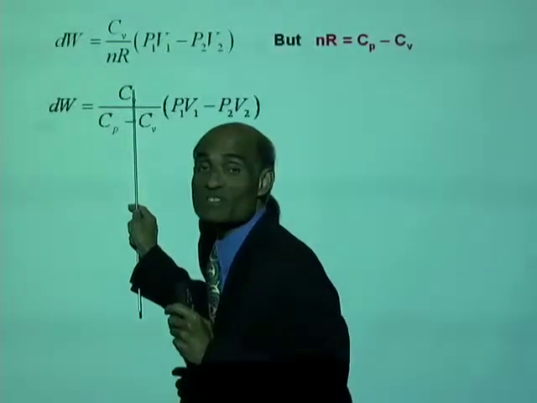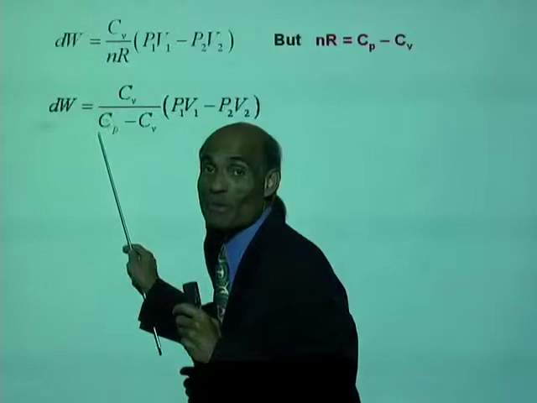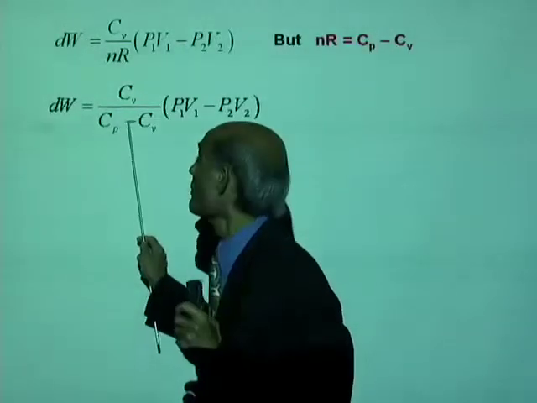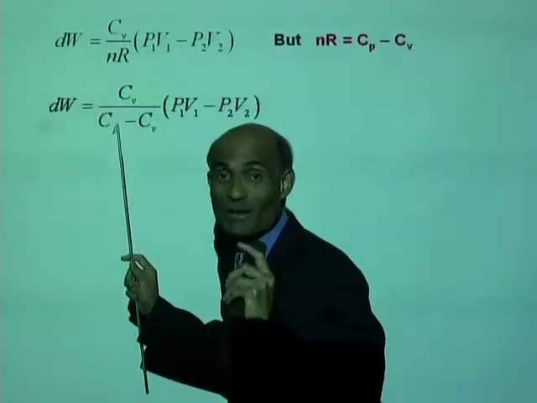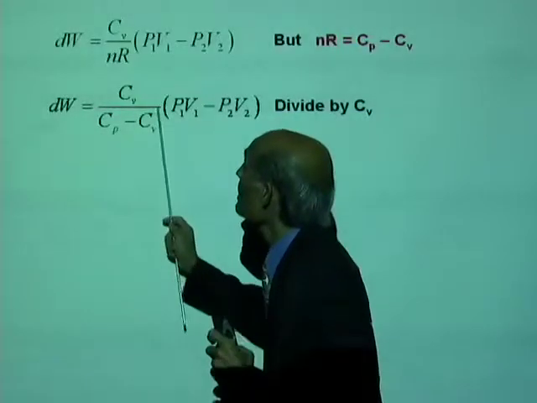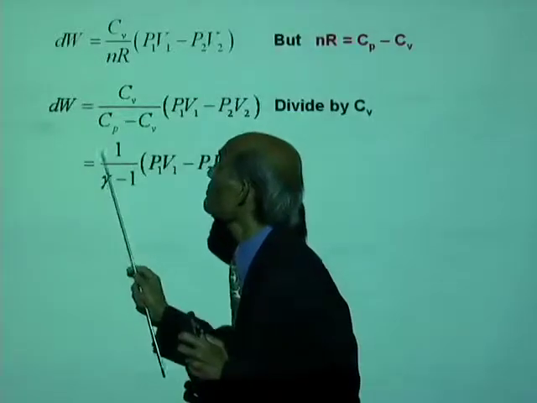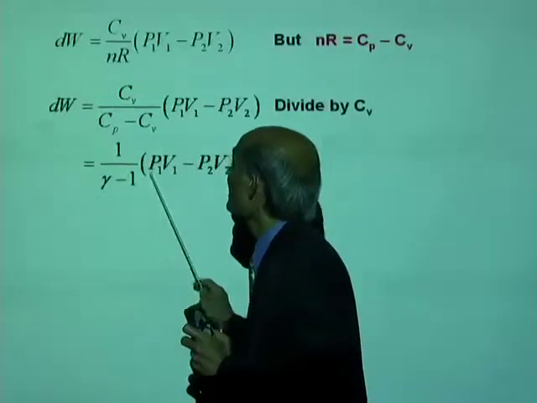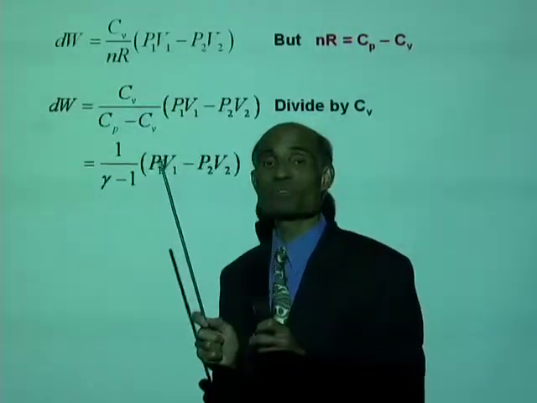On the numerator, Cv divided by Cv will be 1. On the denominator, Cp divided by Cv will be gamma, minus Cv divided by Cv will be 1. Is that right? So dividing the numerator and denominator by Cv, we get dW equal to 1 over gamma minus 1 times P1 V1 minus P2 V2.